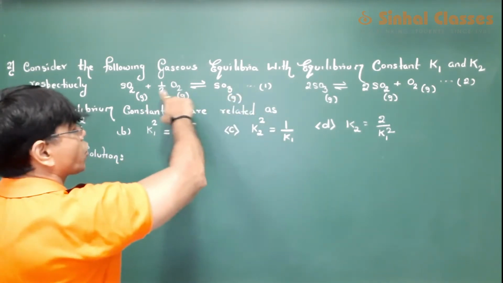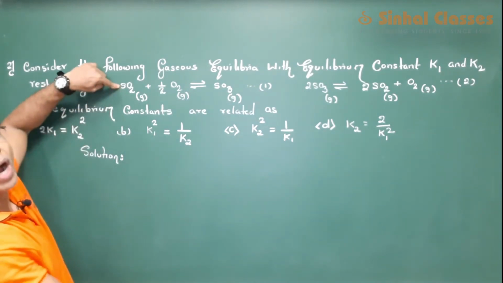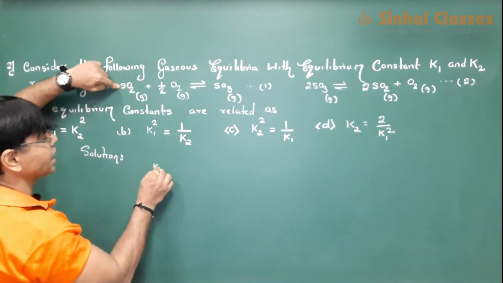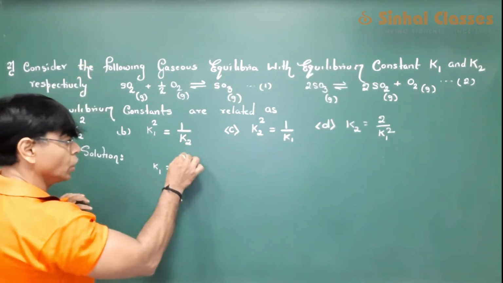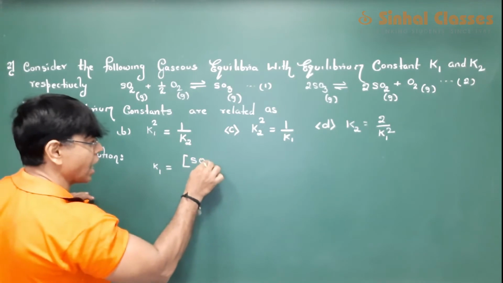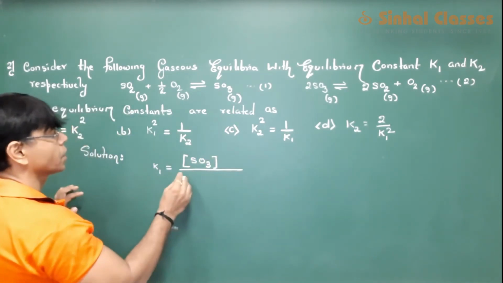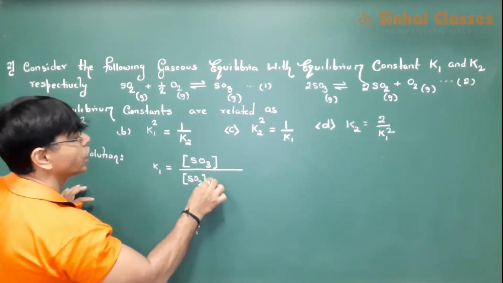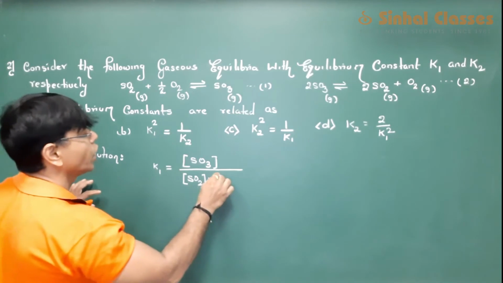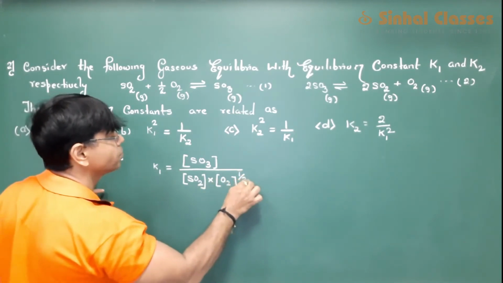Let us consider equation number 1, for which I can write K1 is equal to concentration of SO3 upon concentration of SO2 into concentration of O2 raised to half.